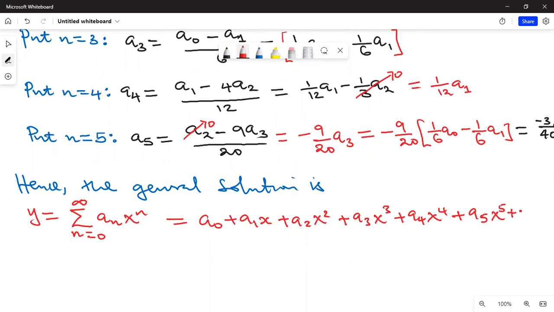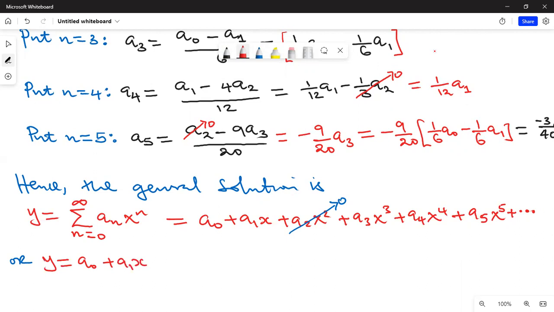You see, there are so many other terms, so I cannot write everything. Just say plus so many other terms. But I know a2 is equal to 0, so this term will vanish because a2 is 0. Do we know a0? No. Do we know a1? No. So you can say y is equal to a0 plus a1x. a2 is 0, so we go to a3.